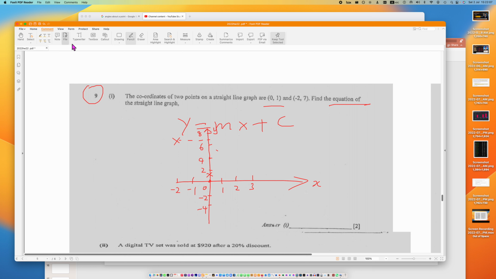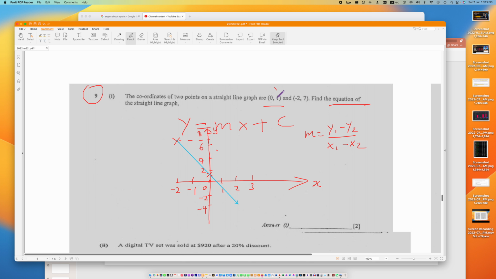Okay, so if I need to link it up, the gradient is given by y1 minus y2 over x1 minus x2, right? Yeah. So your y1 is, you consider this one y1 or this one y1?